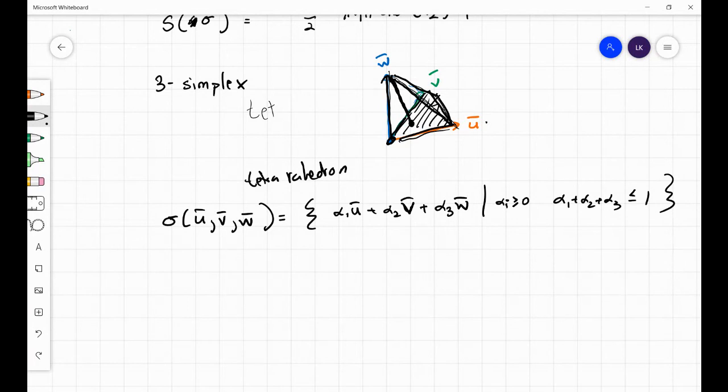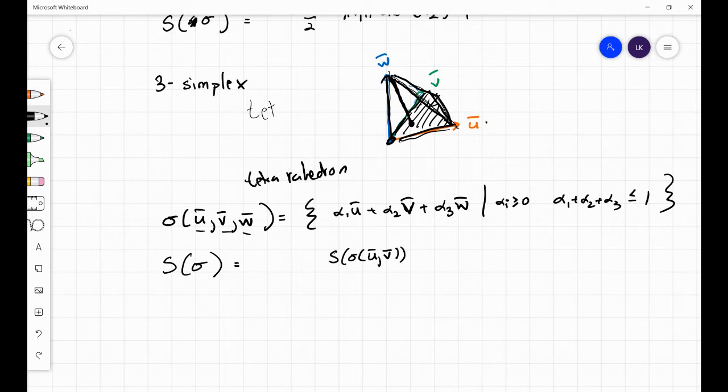And you would say that the signed volume of this 3 simplex, inductively, is going to be the signed volume of the simplex defined by the first two vectors, u and v.